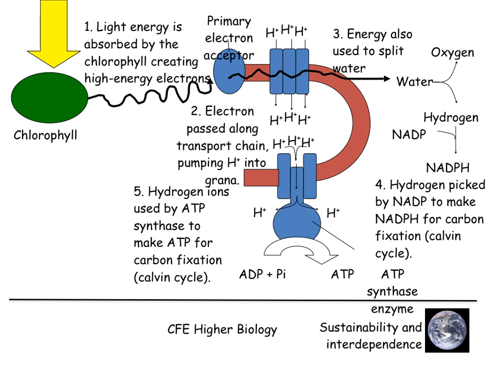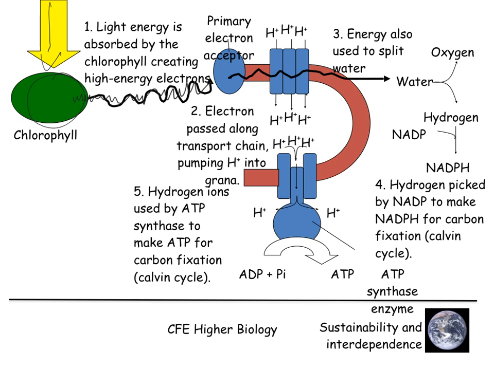What happens is the electrons in the chlorophyll become excited by that light energy, and they're raised to a higher energy state. So here we've got our light and our chlorophyll, the light energy is absorbed by the chlorophyll, and this little wiggly bit depicts high energy electrons raised to a higher energy state.